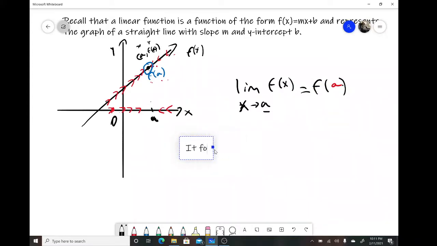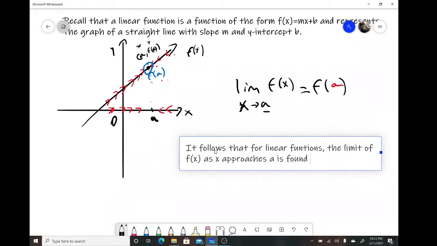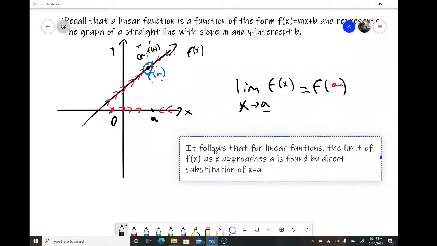So it follows that for linear functions, the limit of f of x as x approaches a is found by direct substitution of x equals a into f of x.